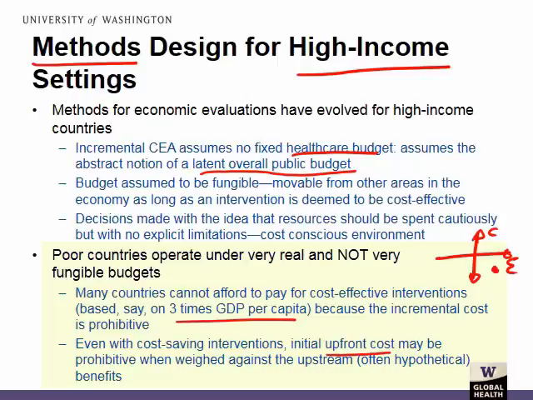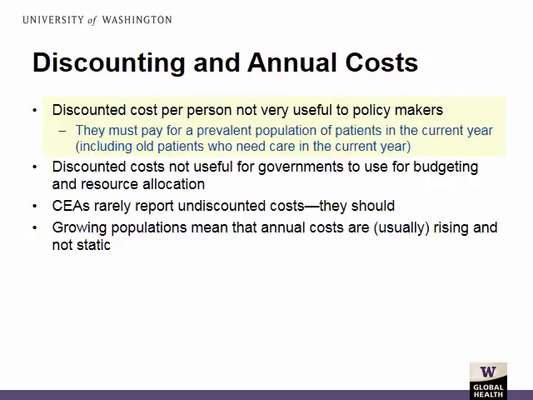And usually there's uncertainty about the realization of these consequences. So the methods don't quite fit the low-income setting. We spoke about in week 3 this idea of discounting, and the problem in poor countries is that the discounted cost per person is not very useful to the government or to policymakers.